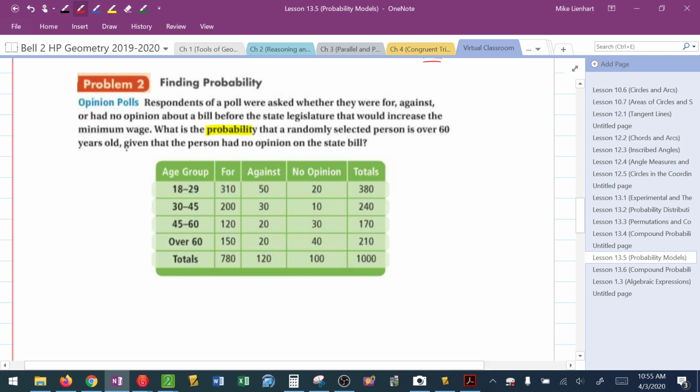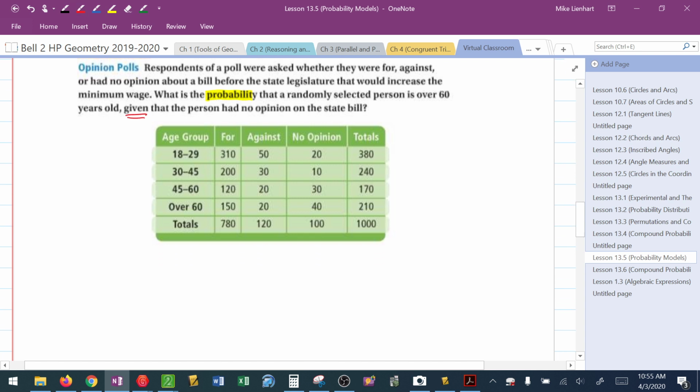Right here, given tells me I'm dealing with what's called a conditional probability. I know I'm finding the probability, but now it's conditional. They want me to figure out the probability that you are over 60 years old given that, remember that's what that vertical line symbol means, given that they have no opinion.